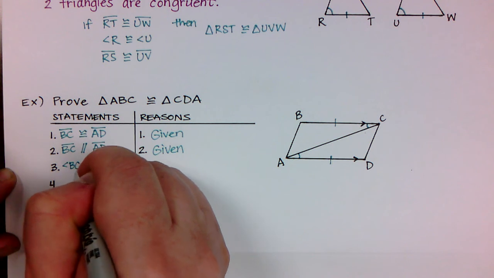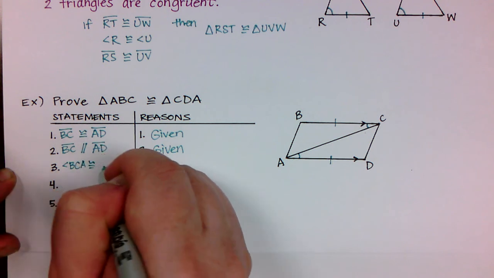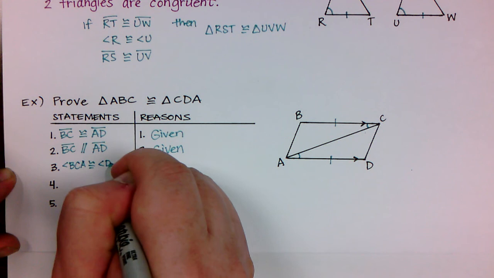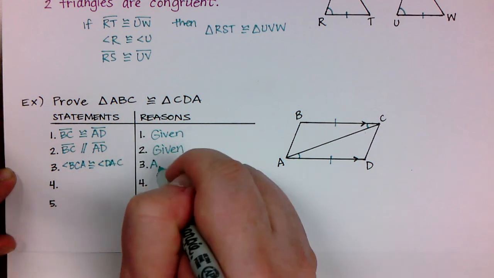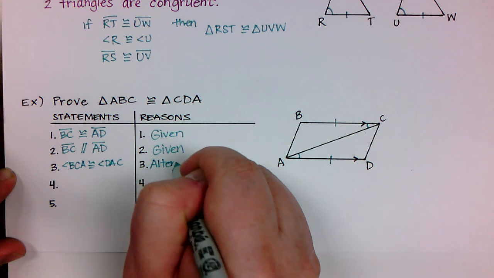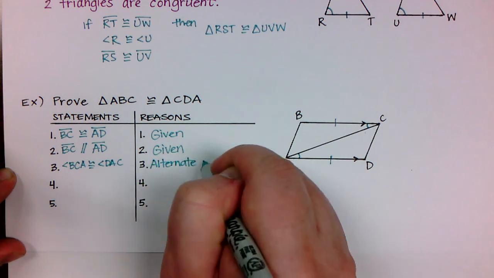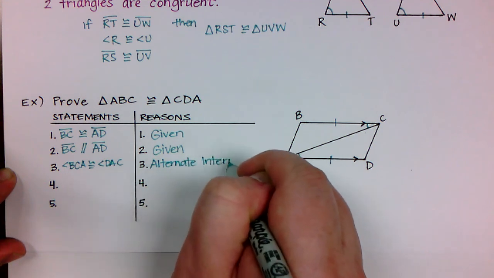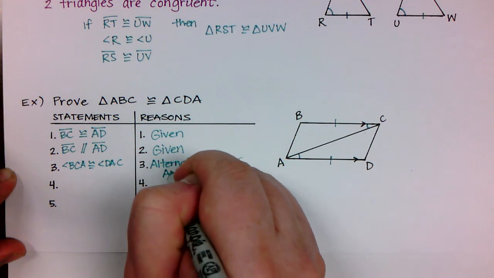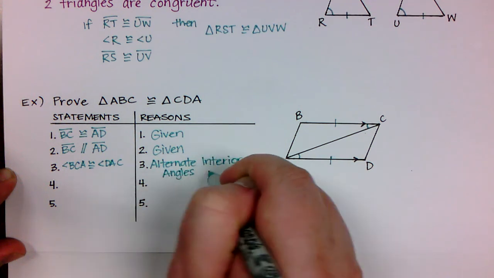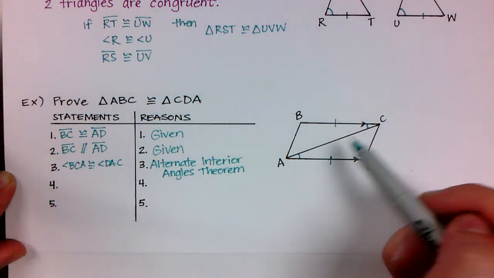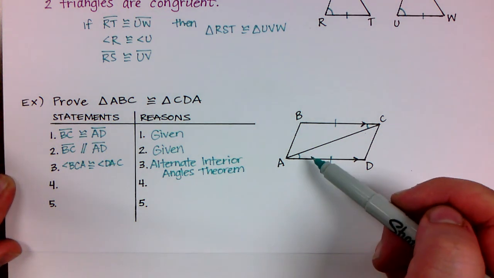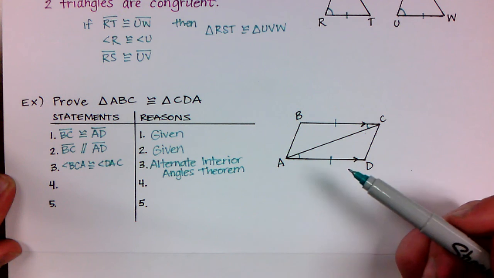So angle BCA is congruent to angle DAC, and that's because of the alternate interior angles theorem. Okay, which means that the alternate interior angles, when you have two parallel lines, are congruent.